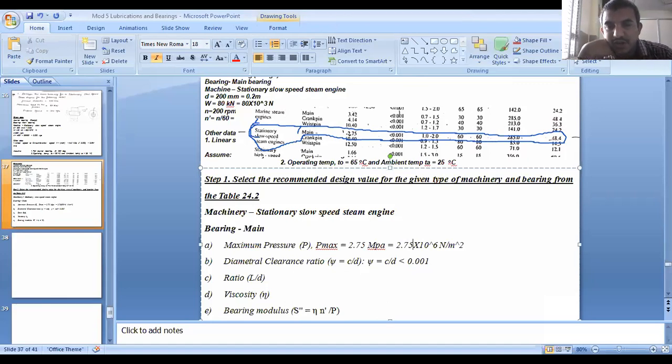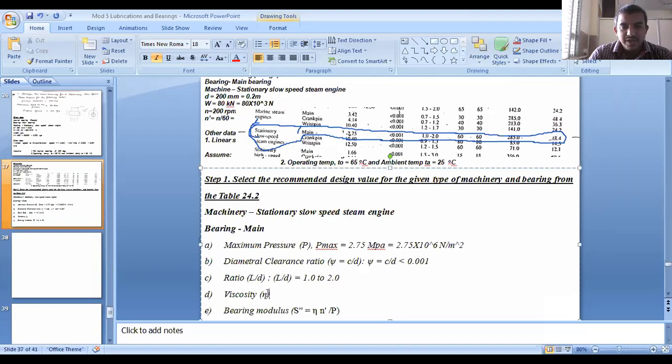Less than 0.001. So what is the L by D ratio? L by D should be approximately from 1.0 to 2.0. Next, viscosity.